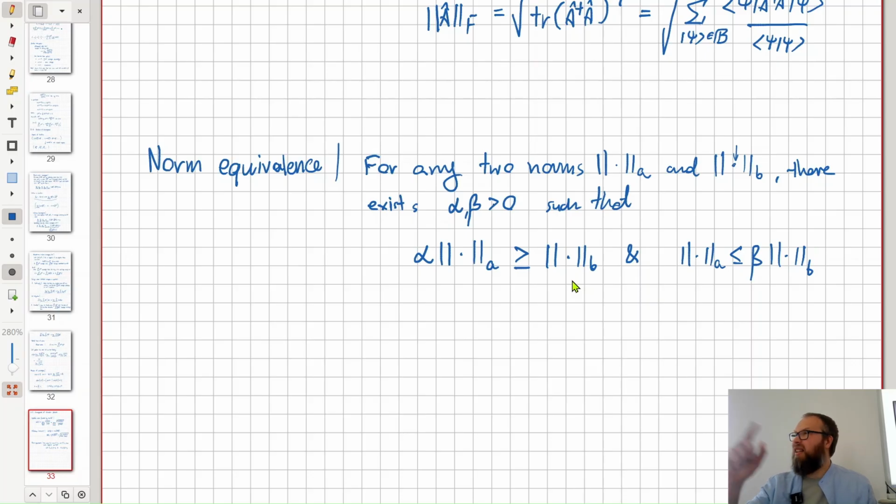Yes, it's uniform. Equivalence means that for everything you are measuring, every vector, every operator, you can find a number that will always be true. This is stronger, it's one fit all. Otherwise it wouldn't make sense.